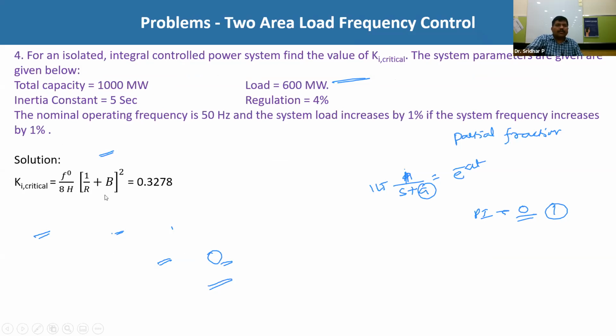After getting this, you practice and just substitute the values here, and you will straight away get the Ki critical value. So the PI controller is there. In the PI controller, what must be the gain to effectively bring the steady state error in the frequency to 0?